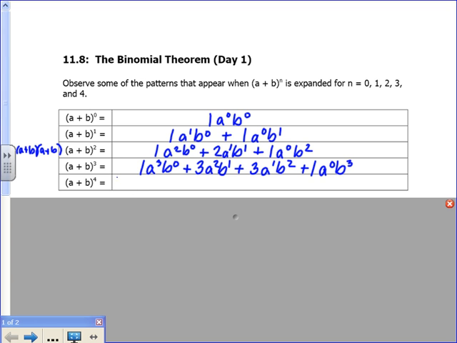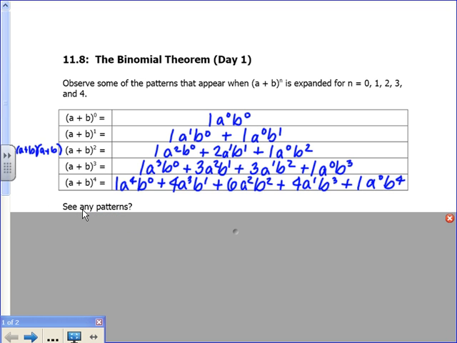And the last line that we're going to do, and we actually could keep going on with this pattern, but we're going to stop here, and then we're going to talk about what we see. 1a to the fourth b to the 0 plus 4a to the third b to the first plus 6a squared b squared plus 4a to the first b to the third plus 1a to the 0 b to the fourth.